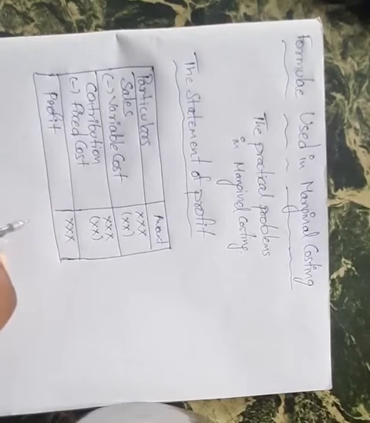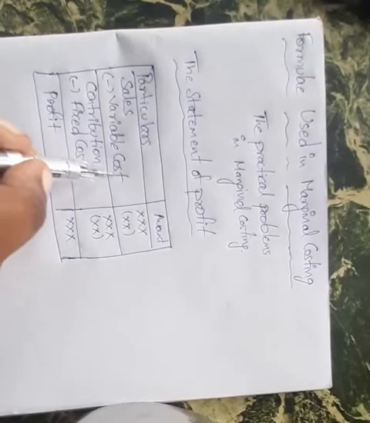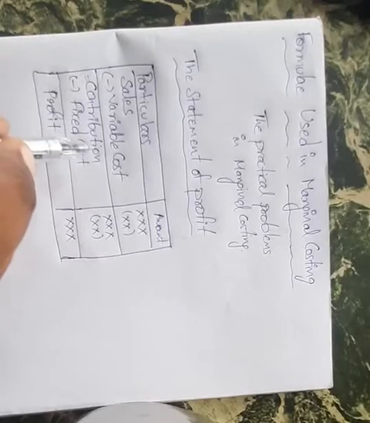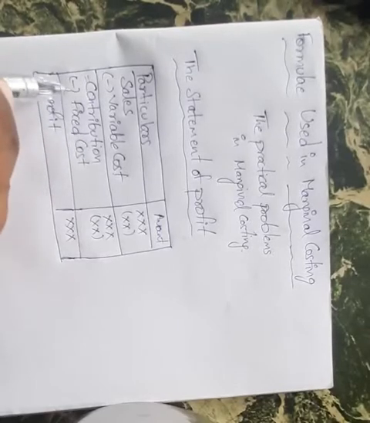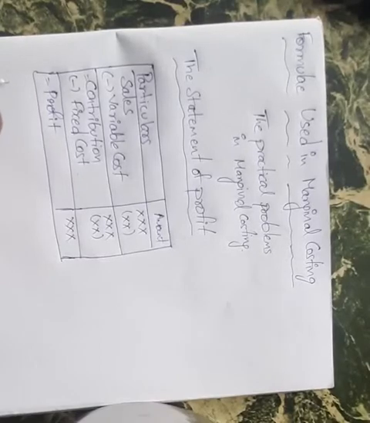This is known as the statement of profit. Sales less variable cost is equal to contribution. From contribution, after less fixed cost, we get profit.